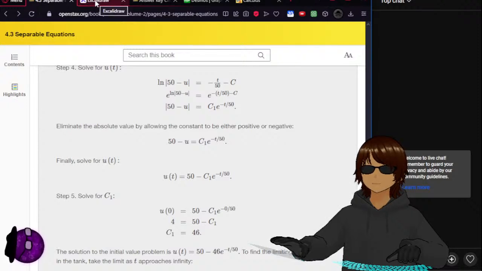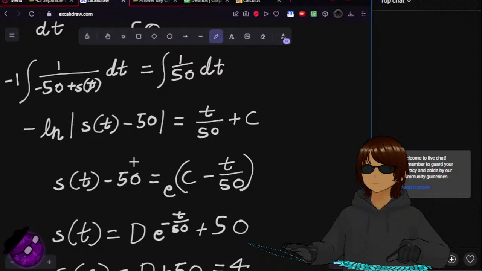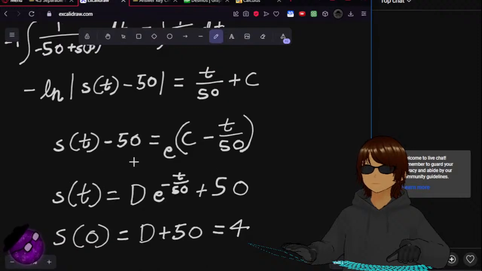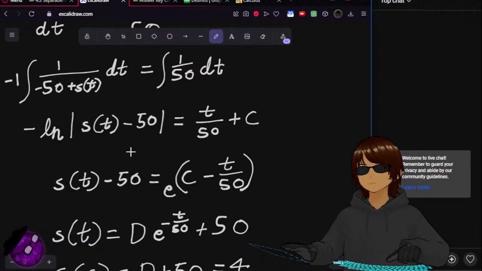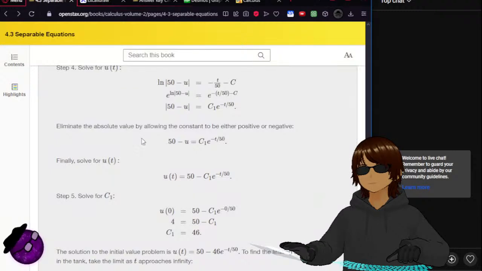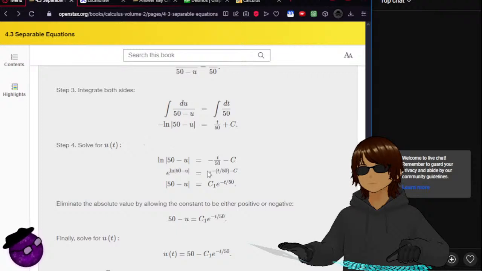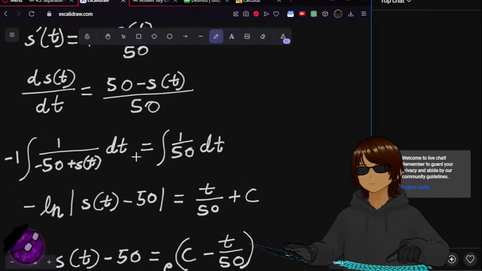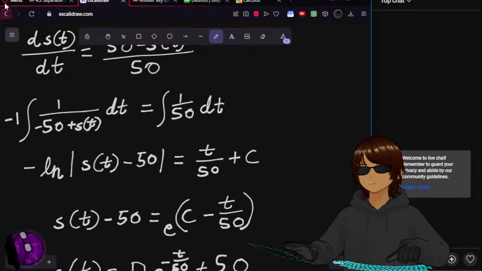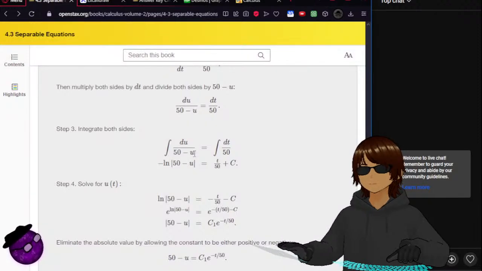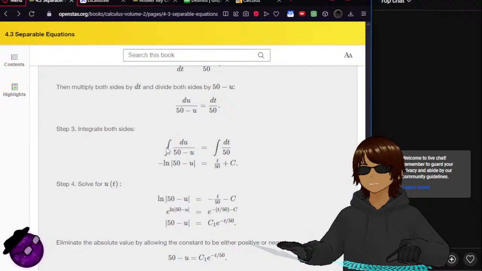Why is it minus? Hold on. 50 minus S minus 50 plus S. I don't understand.